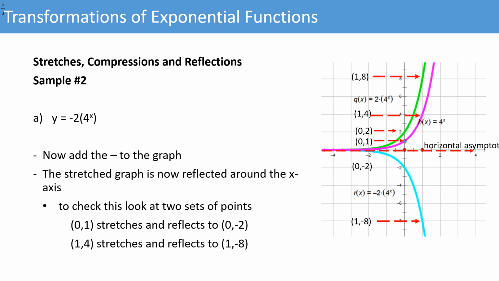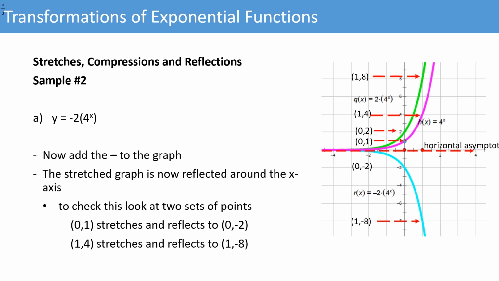Continuing on with our example, now what we're going to do is add the negative in front of the 2. So now we're going to show what y equals -2 times 4 to the exponent x does. So our points we were tracking are (0, 1). And what happens now is the -2 is the new result for y after our stretch and our reflection.